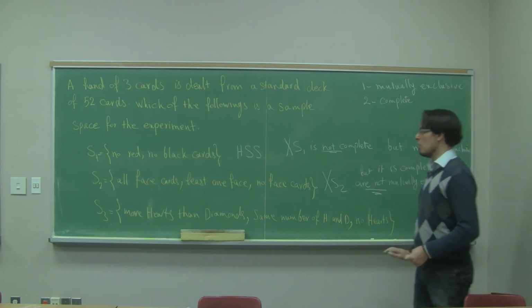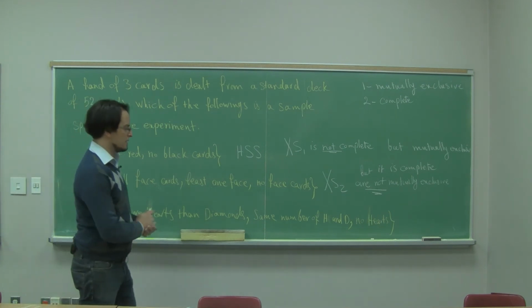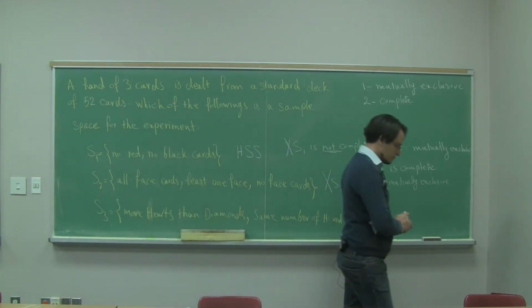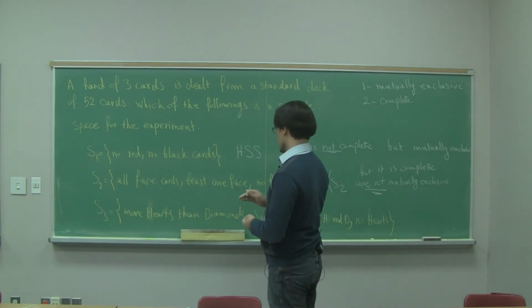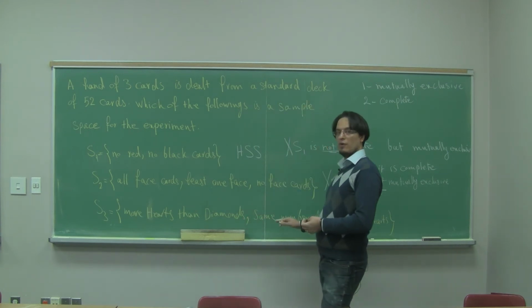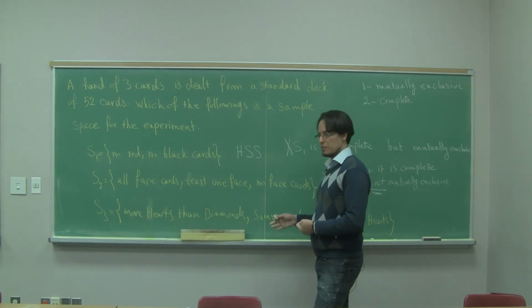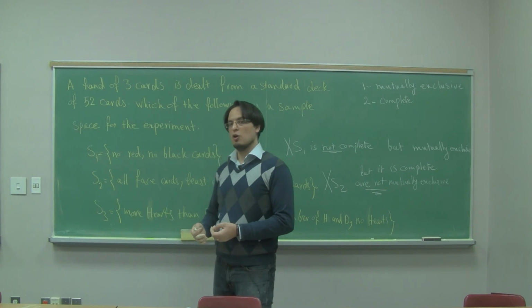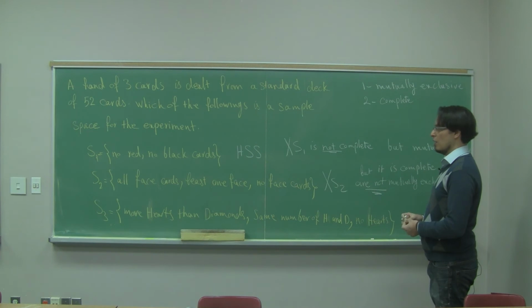How about S3? More hearts than diamonds, same number of hearts and diamonds, no hearts. Well, if there are more hearts than diamonds, and we included the same number of hearts and diamonds, how about if we have fewer hearts than diamonds? For example, we have 2 diamonds and one heart. That is a case which is not included.